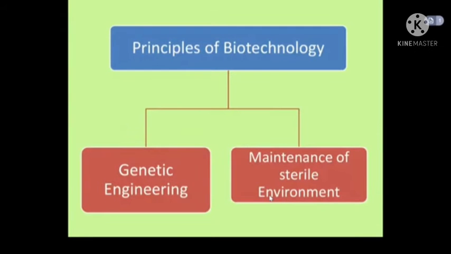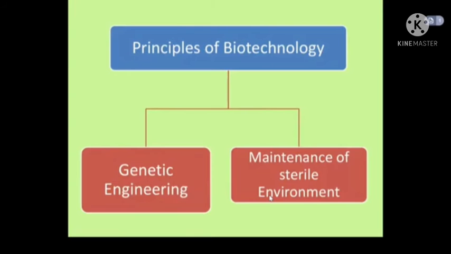Now, the principles of biotechnology. There are two major principles in biotechnology. They are genetic engineering and maintenance of a sterile environment. On the basis of these two technologies only, we are moving on.